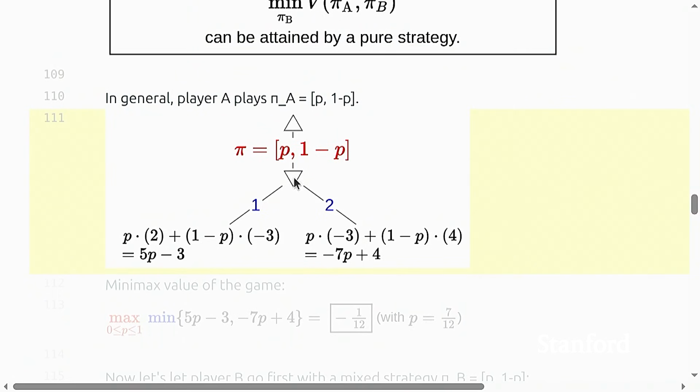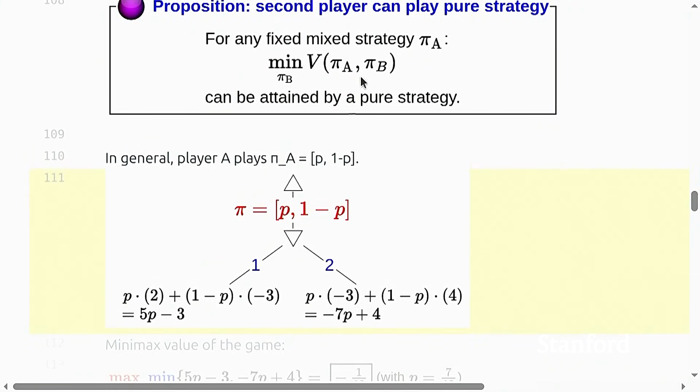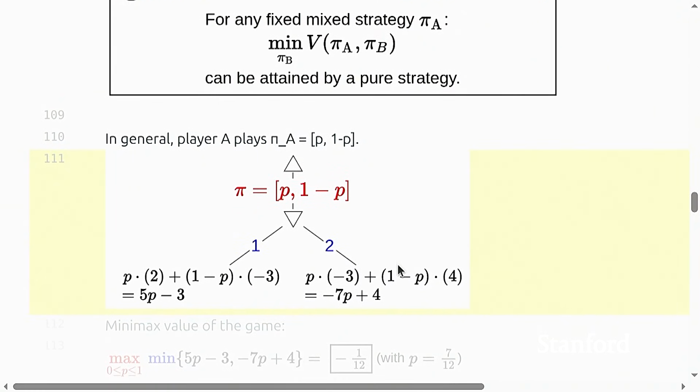And then at this node, player B, remember from this observation, the optimal thing is just to play a pure strategy, so there's only 2 possible values, 1 or 2. Okay? So now we just have to compute what the value of the leaves are.